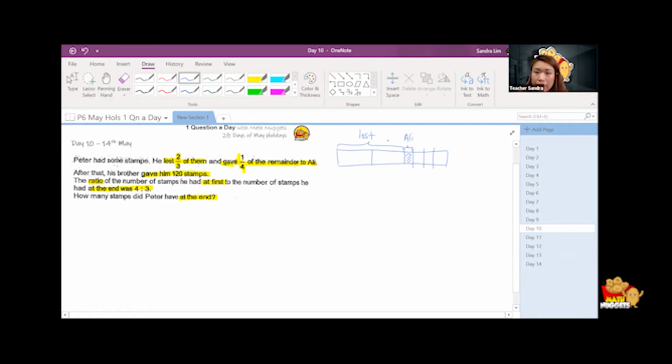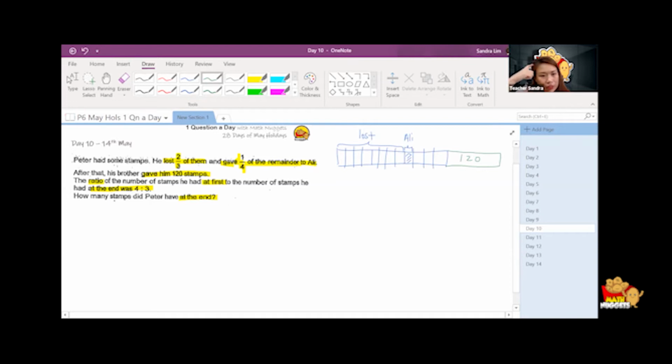Now take note, if you cut this unit, every other unit you also have to cut, right? Remember to make them all equal. So I cut 4 this one as well. Over here, I cut 4 as well. Okay? Next, the brother gave him 120 stamps. So the brother gave him some more stamps. Extra ones here, 120 given by the brother.